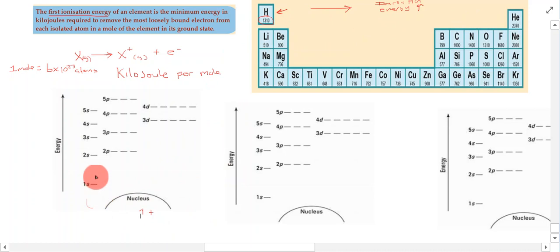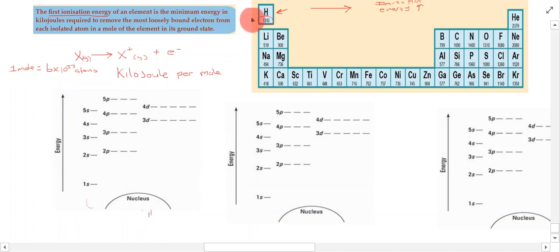As a result of that, the outermost electrons of the atoms are going to experience more of a pull from the nucleus of the atoms.